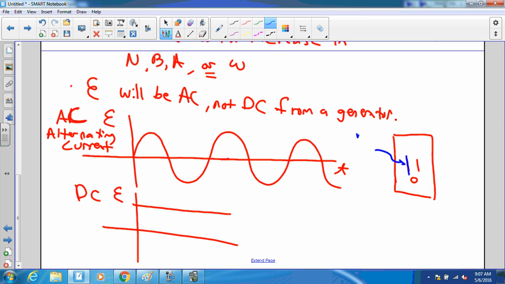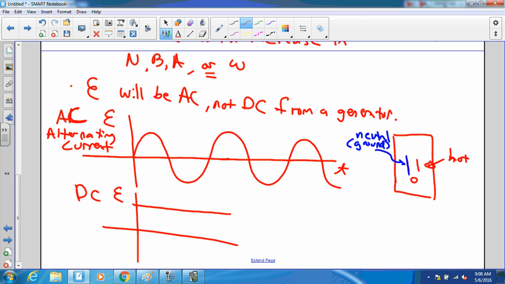This one, the large one, is called the neutral, and it is connected to the ground. And this one right here is called hot, the active, or there are several other terms that are used.